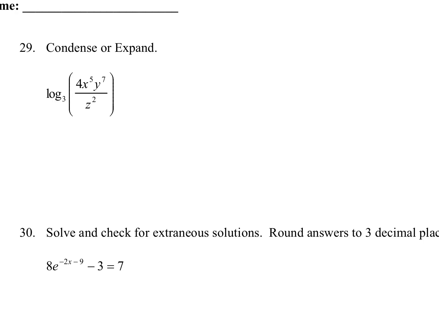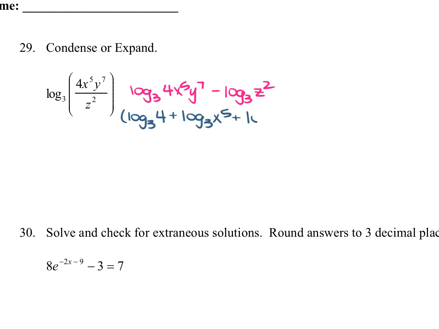Next one we're going to do is going to be number 58 from your review. You have log 3 of 4x to the 5th y to the 7th over z squared. This is the same thing as saying log 3 of 4x to the 5th y to the 7th minus log 3 of z squared. We're going to separate the multiplication here to give us log 3 of 4 plus log 3 of x to the 5th plus log 3 of y to the 7th minus log 3 of z squared.